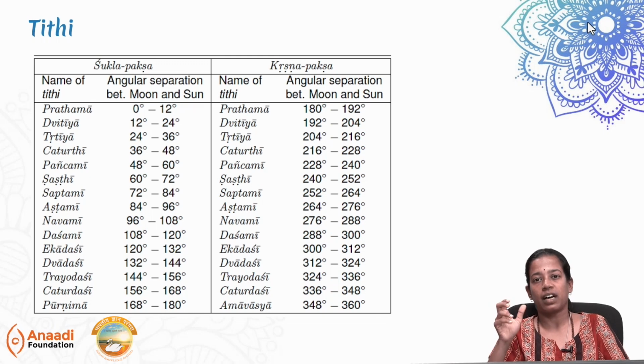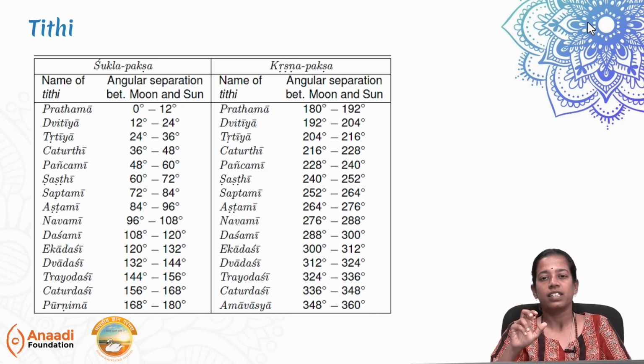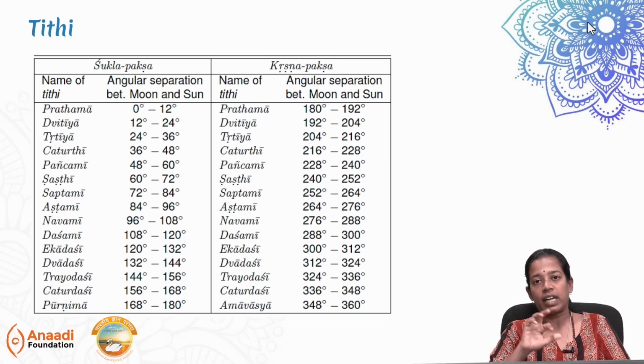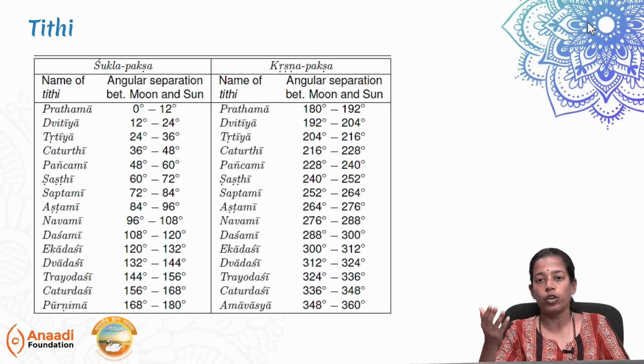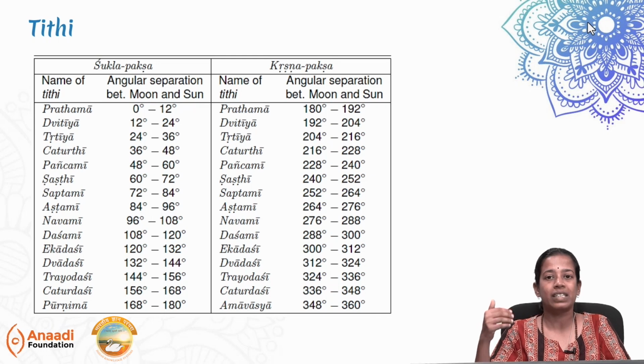After Purnima starts the Krishna Paksha or the waning phase, which means from full moon to new moon, another 15 days, another fortnight. The same set of tithis will repeat, ending with Amavasya. So new moon to full moon is called Shukla Paksha, the waxing phase, and full moon to new moon is called Krishna Paksha or the waning phase.